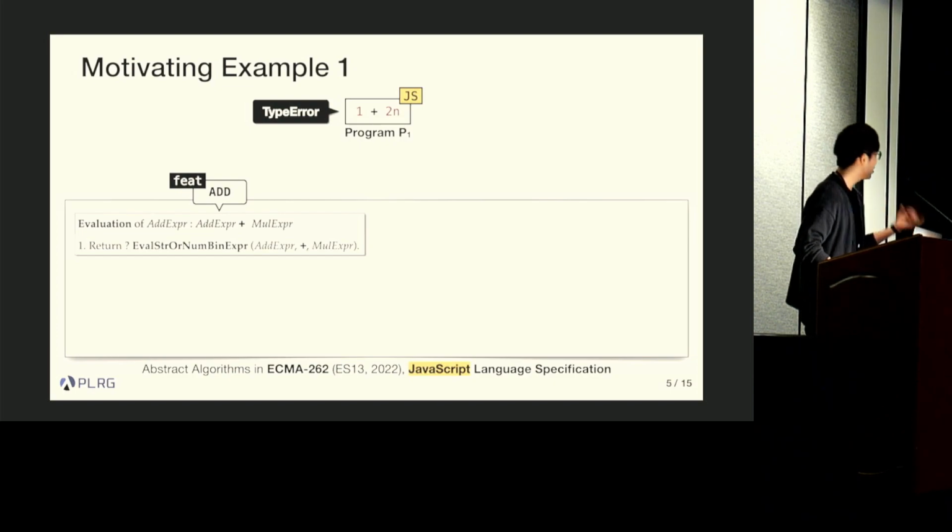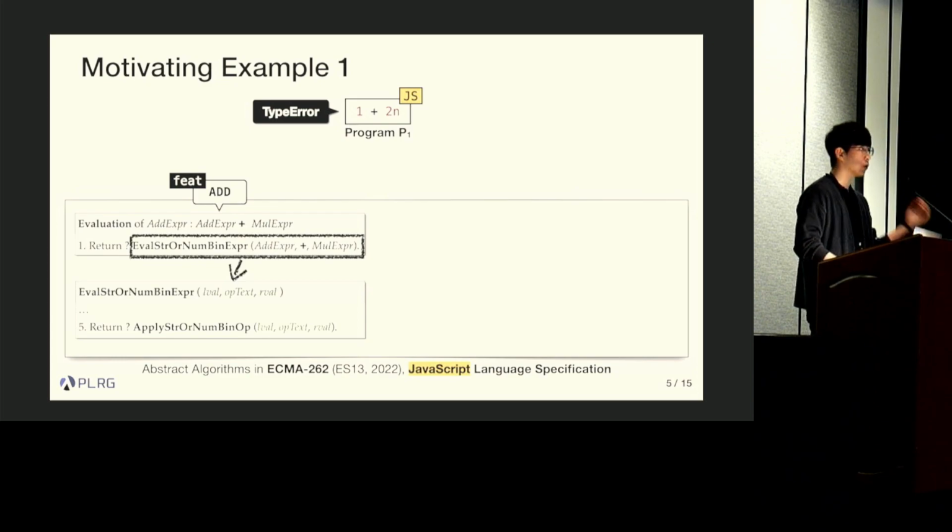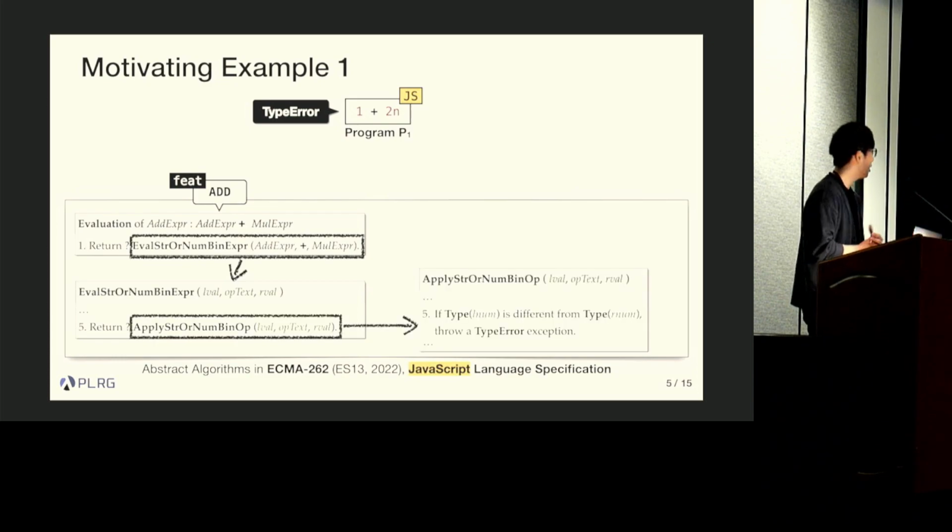For example, this algorithm describes the semantics of the addition operation, and it utilizes another algorithm as a helper function, and also another one like this. In this algorithm, in step 5, after a complex process, it checks the types of the left and right side values. If they are different, it throws a type error. So this is why the program P1 throws a type error.